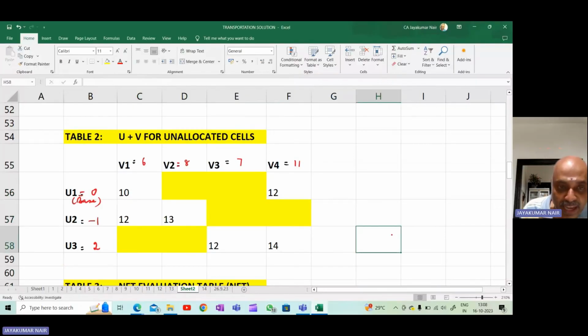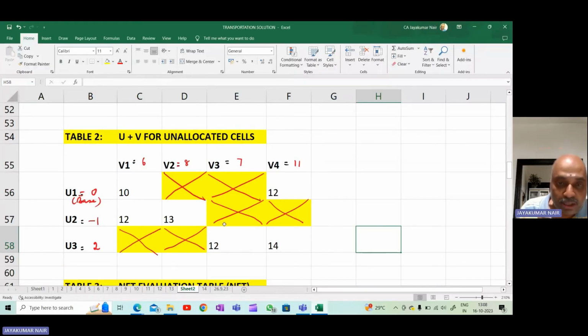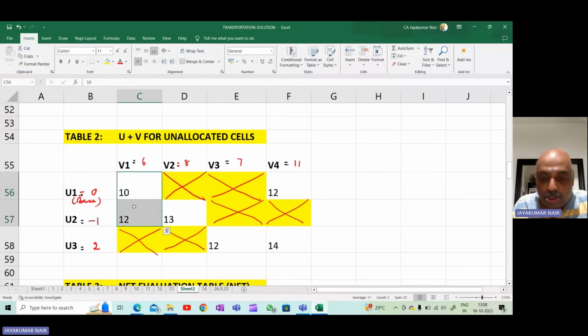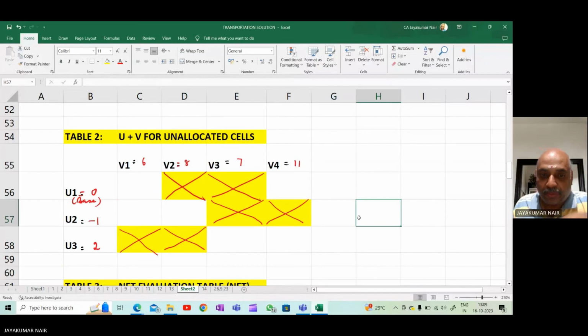These cells we are not computing because they're already computed. We cancel out all these and compute only the unallocated cells.